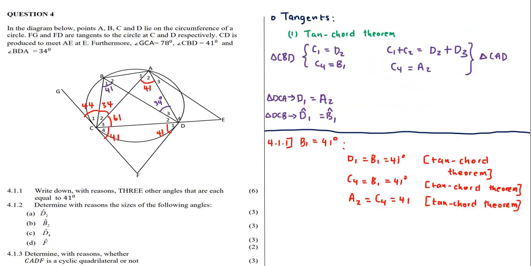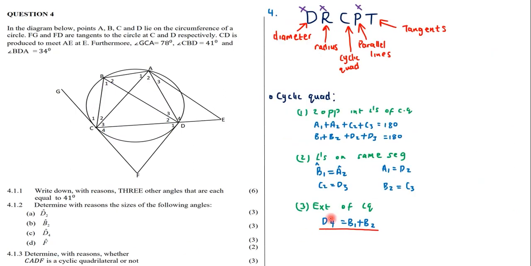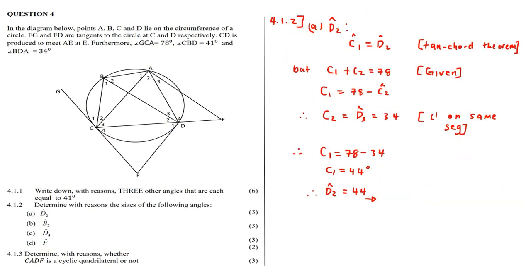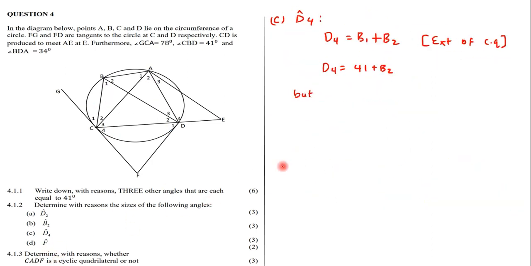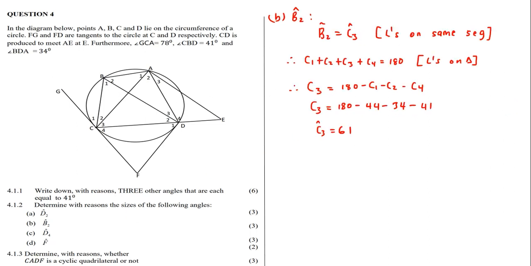So going back there, looking for B2. B2, where are you? There is B2. So B2 is the same as C3. The reason for that: angles on same segment. So B2 equals C3, and the reason is angles on same segment. All right, now C3, I think we did mention C3, it is 61.